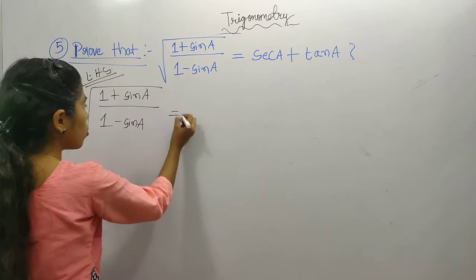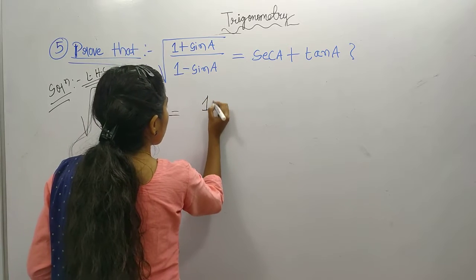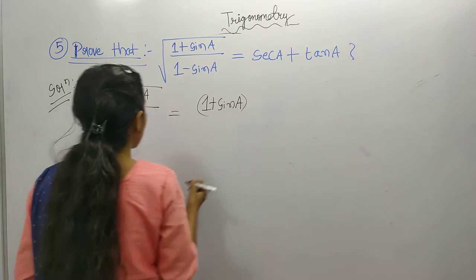Here sin A is already there. I have told you in the previous question, if angles like sin A and cos A are given like this, it's better to multiply and divide to get your solution.